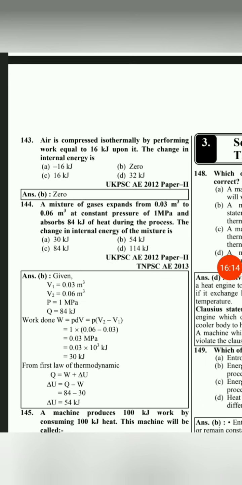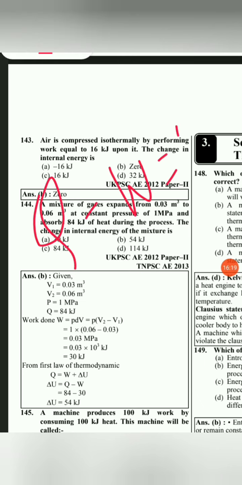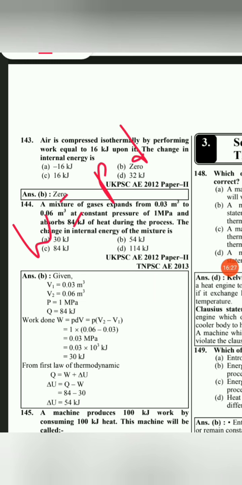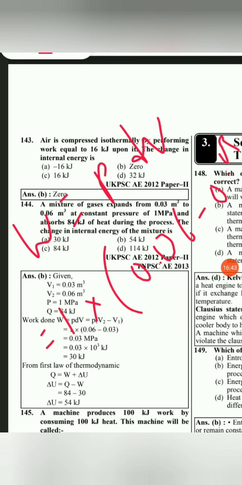But before that, we have to find Q, then W, and finally we can find the change in internal energy. To find the work done, we use the formula P dV. Here pressure is 1 megapascal, which I keep in megapascal, into the change in volume, delta V, that is V2 minus V1, 0.6 minus 0.03.